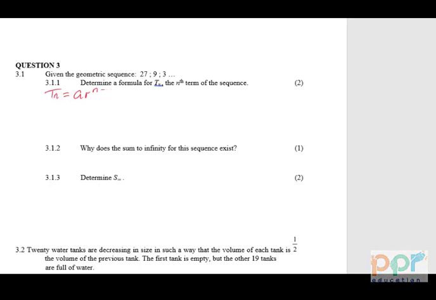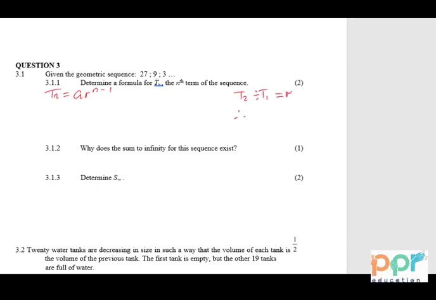Then a lo iterm yokuqala, and then r it's a common ratio, whereby you say term 2 divided by term 1 will give you r.